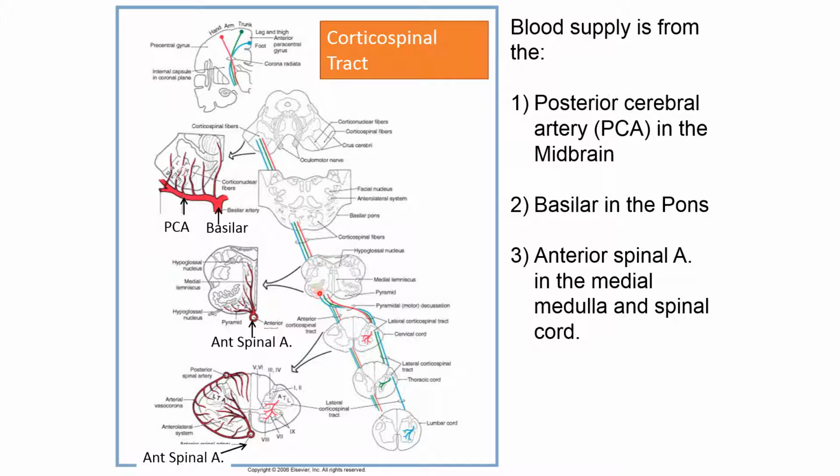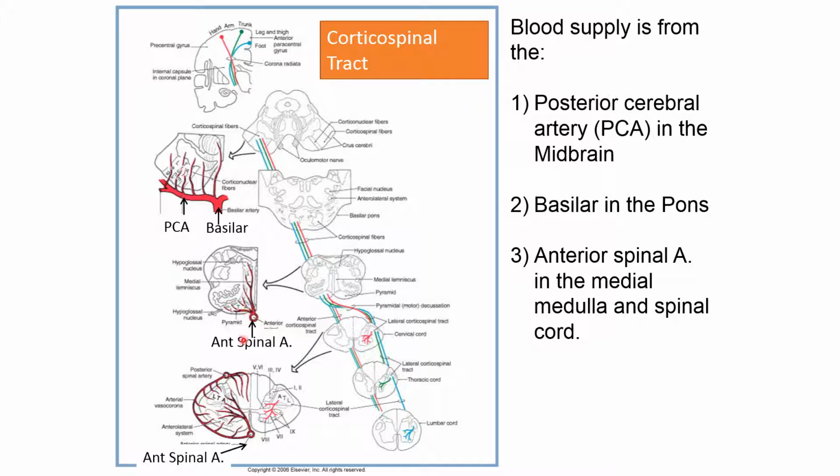In the medulla, we see that the anterior spinal artery, located at the midline, has penetrating vessels that feed the pyramids, as well as structures immediately above it, dorsal to the pyramids.